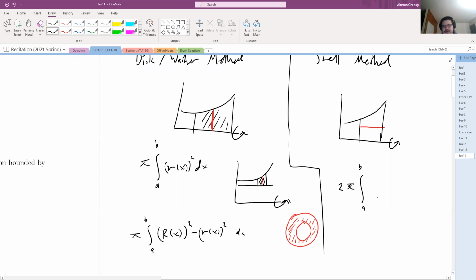So instead of pi, you actually have 2 pi, okay? And instead of just taking a radius and squaring it, what you want to calculate, it's a bit tricky to explain this, but because you're summing up the surfaces of these cylinders, that's why the formula ends up being a radius function times, normally in the textbooks, what would be denoted as a height function.